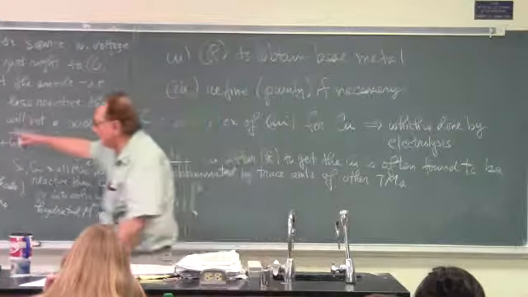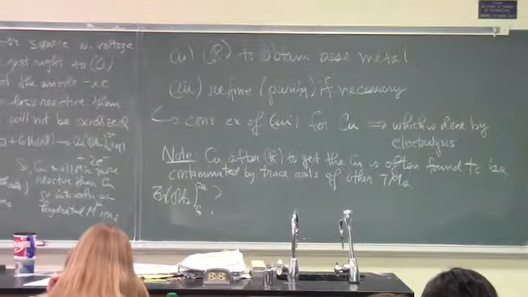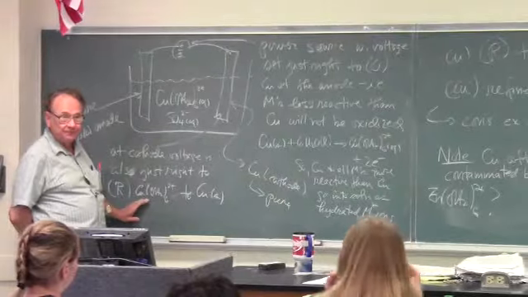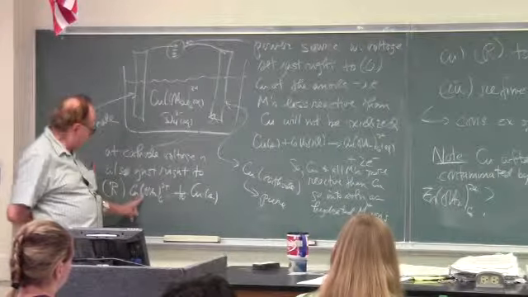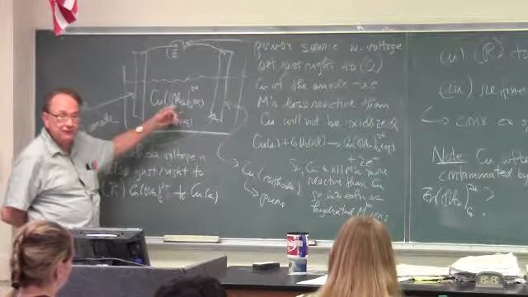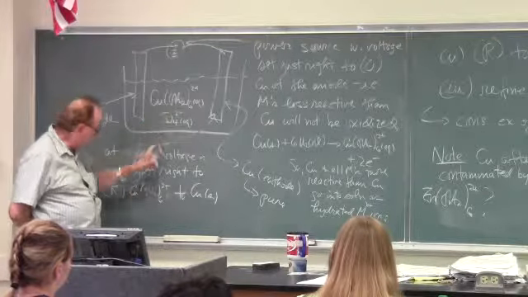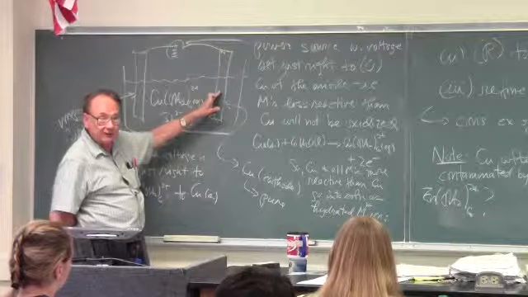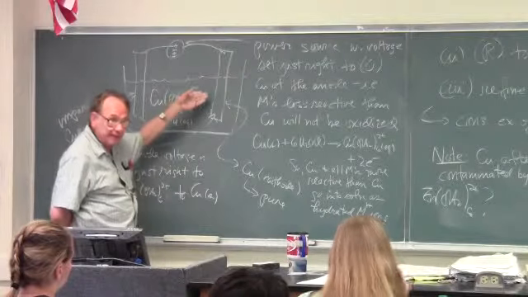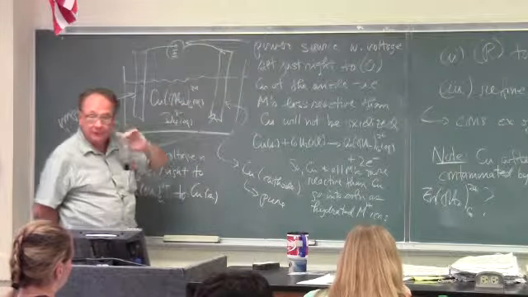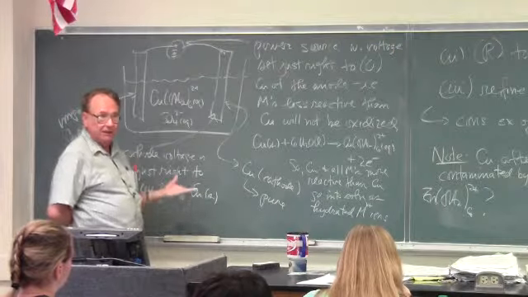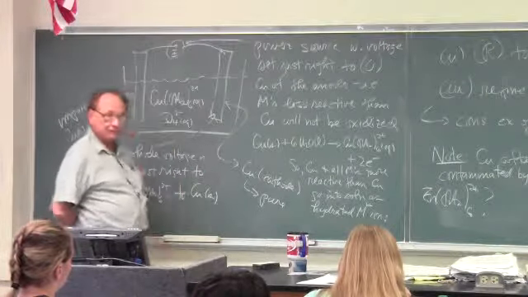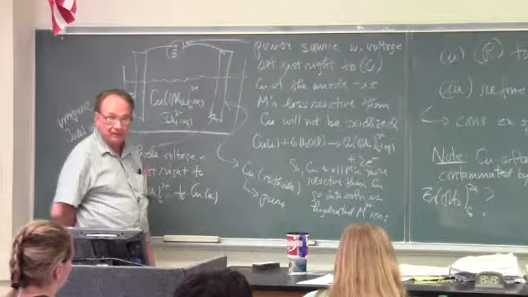I got this voltage set right to reduce copper ion, which is the easiest thing in solution to reduce, because this thing is a stronger oxidizer than any of these other hydrated metal ions I make. Well, I'm only reducing this then. So I keep putting more copper on my copper cathode, which means I don't contaminate this cathode by redepositing other metals. I don't have the voltage high enough to reduce these other metal ions. They're more difficult to reduce than hydrated copper ion.